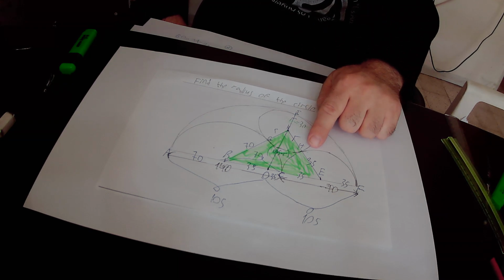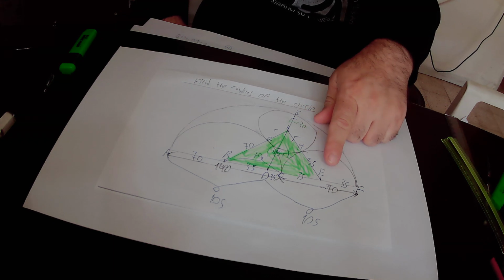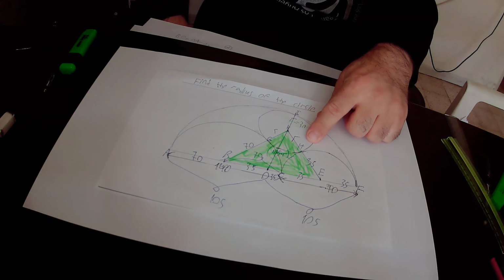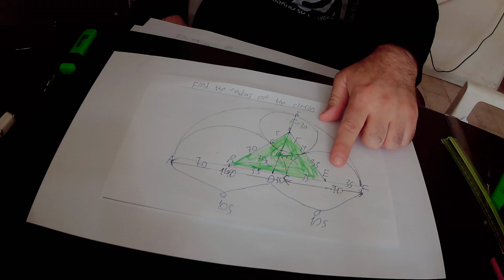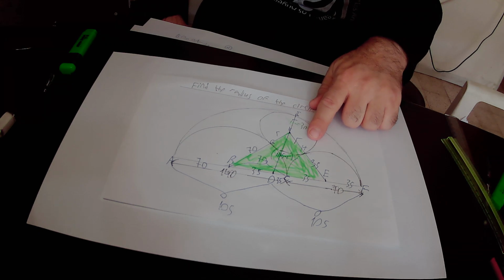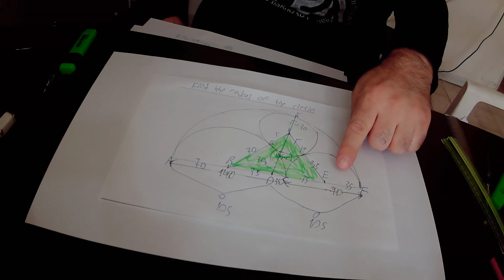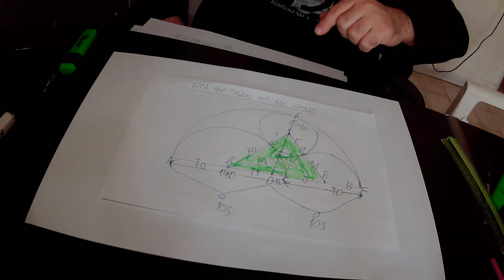They are touching each other externally at point H, and therefore the straight line EK that connects their centers must pass through point H. EH is the radius of this smallest semicircle, that is 35 units, and HK is the radius of this small circle, that is R. So in total, EK equals EH plus HK.